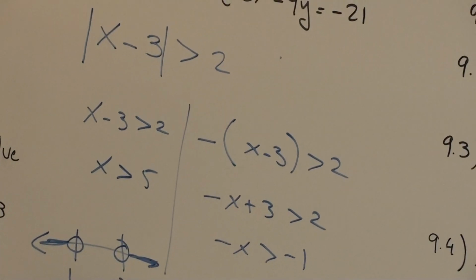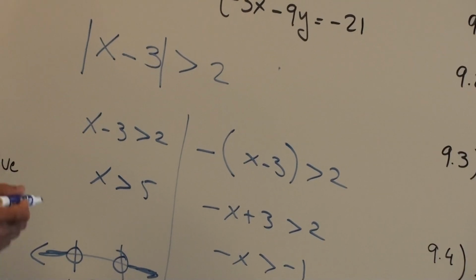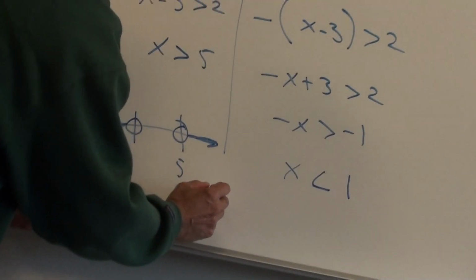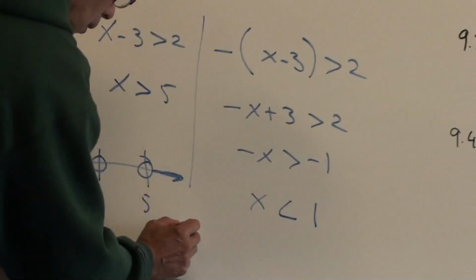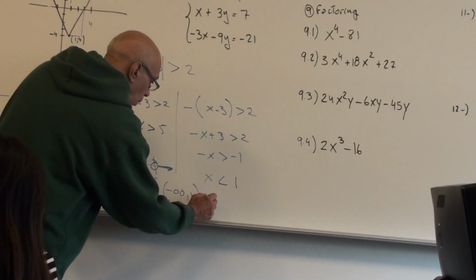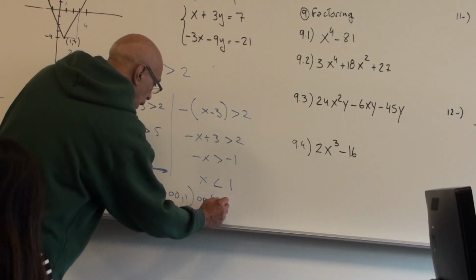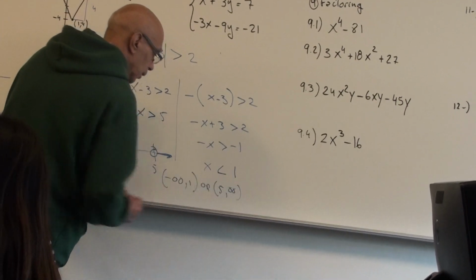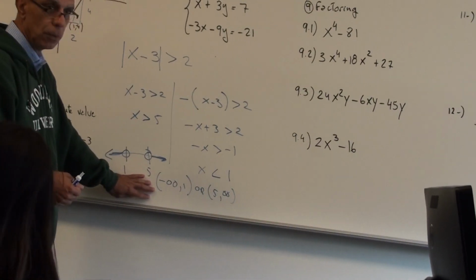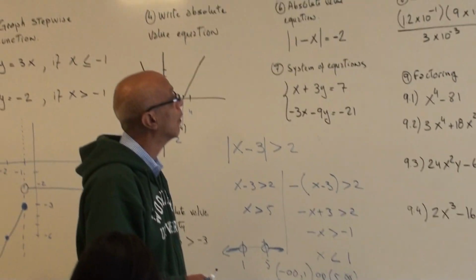If I were to do interval notation, sometimes interval notation is required, it would be negative infinity to 1, union 5 to positive infinity. It's important to learn how to do interval notation as well.